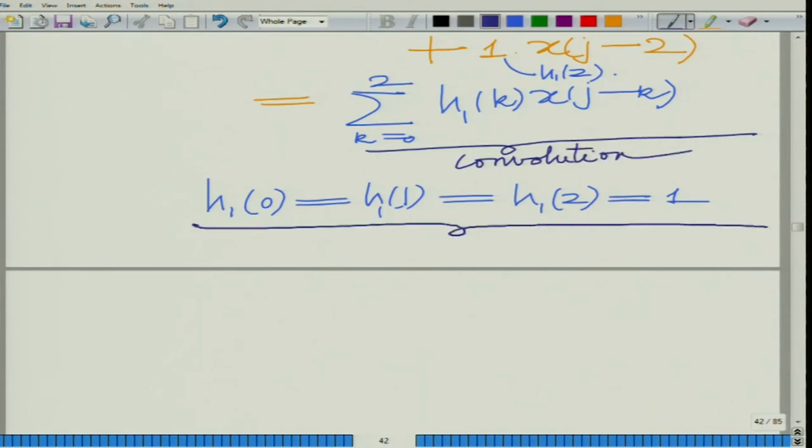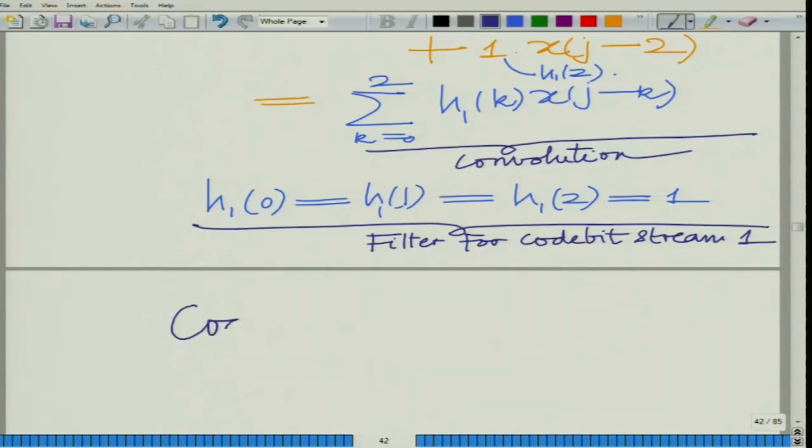Convolution, and this is the filter for the coded bit stream 1. So the code is generated by convolution of the input information bit stream with the suitable filter. Therefore, this is known as a convolutional code. Okay.